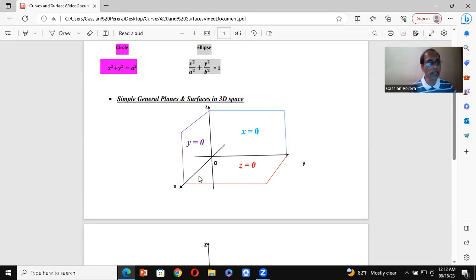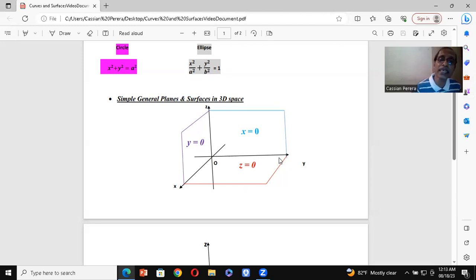Therefore, we can write the equation of the x-axis as y equals 0 and z equals 0. That is the equation of the x-axis. Likewise, we can write the equation of the y-axis. The y-axis is the intersection of two planes, x equals 0 and z equals 0.